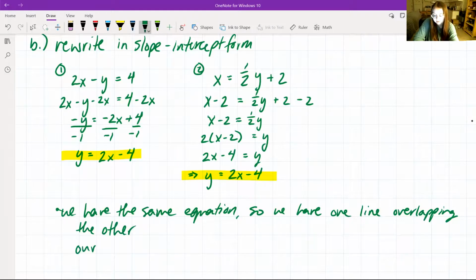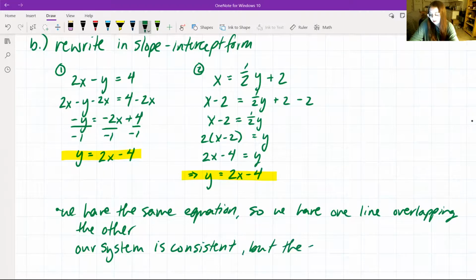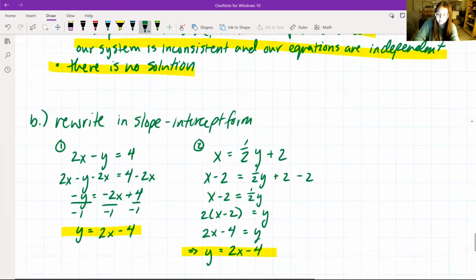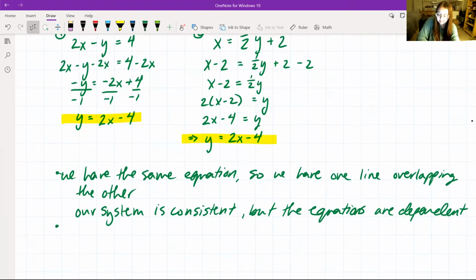Which means that our system is consistent because it has infinitely many solutions, but the equations are dependent. And since they are lines just overlapping each other, we can say that there are infinitely many solutions.